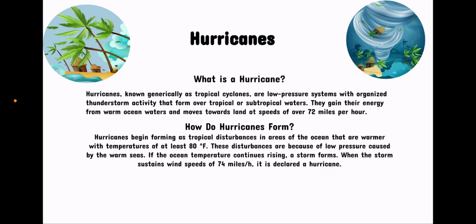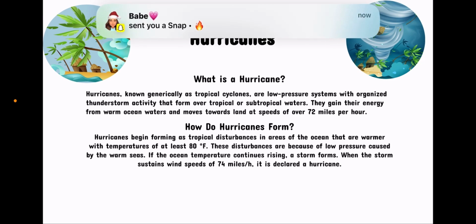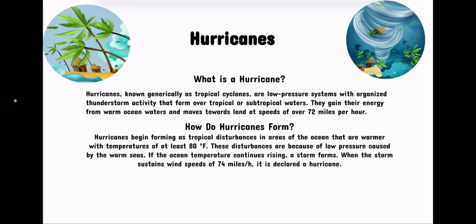Hurricanes can form due to disturbances within areas of the ocean with warm temperatures of at least 80 degrees Fahrenheit. Because of low pressure caused by the warm seas and temperatures continuing to rise within the oceans, the storm can form, and therefore it is declared a hurricane.